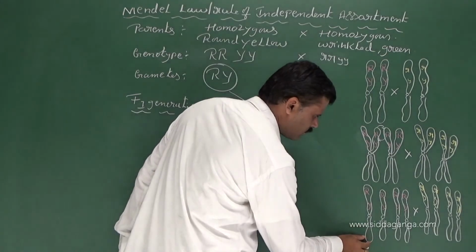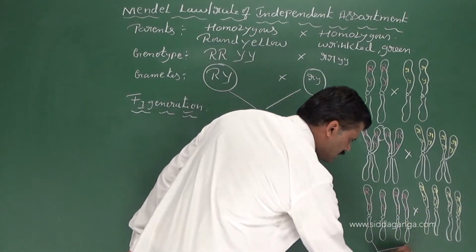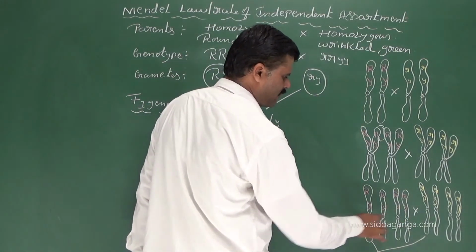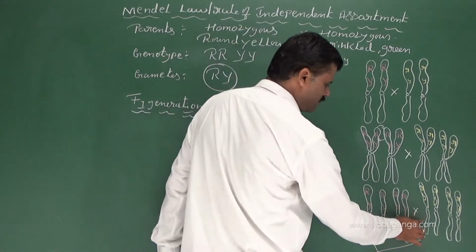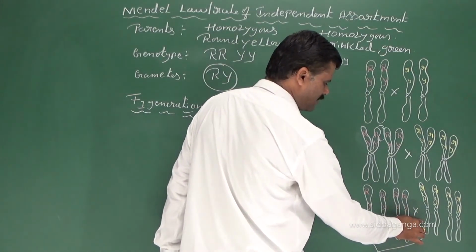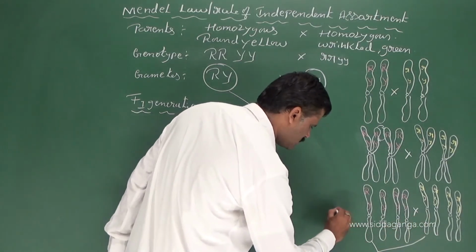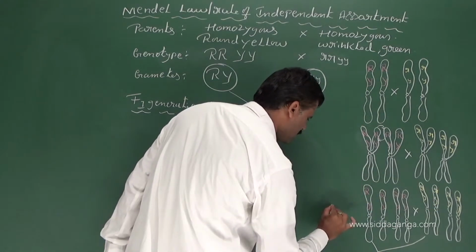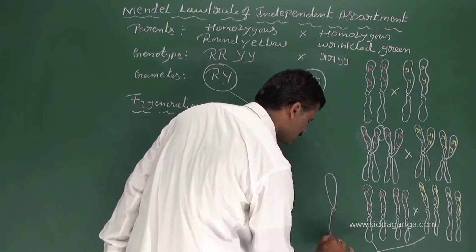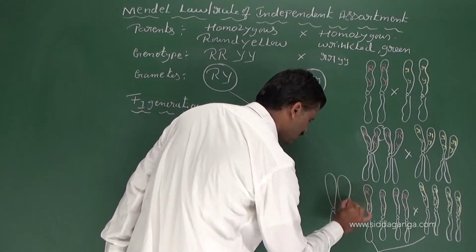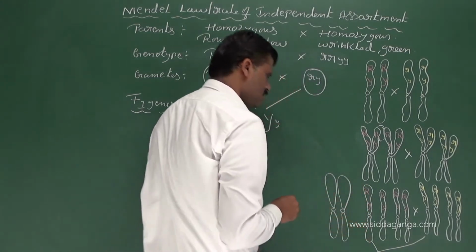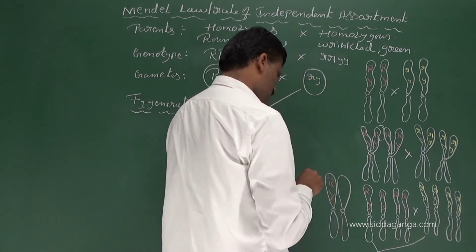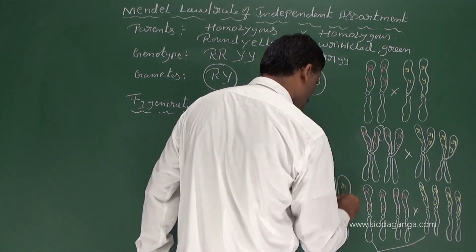See this chromosome, if it meets this chromosome, means this chromosome containing sperm or male gamete meets with this female gamete, then the chromosomes will be diploid, means there are two, one paternal, one maternal. They will combine, right? They will come like this. They will combine in the offspring, and here it is capital R, capital Y, small r, small y.